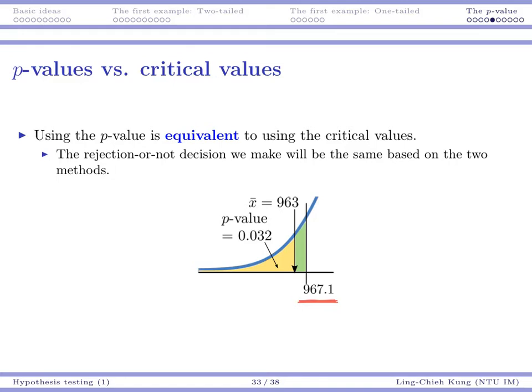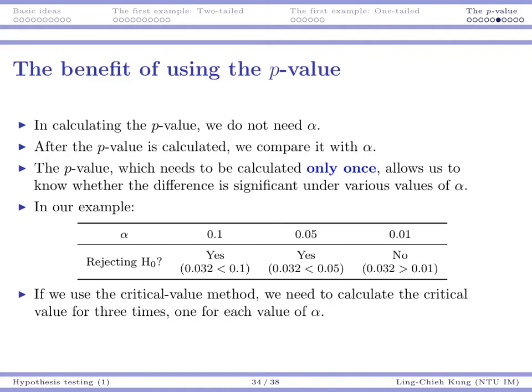So you don't need to worry about whether using the p-value is right or wrong, because the p-value method must also be right. Then if the two methods are equivalent, what's the point of having two methods? Well, before we answer that question, let's talk about the benefit of using the p-value. First, in calculating the p-value, we do not need alpha, right?